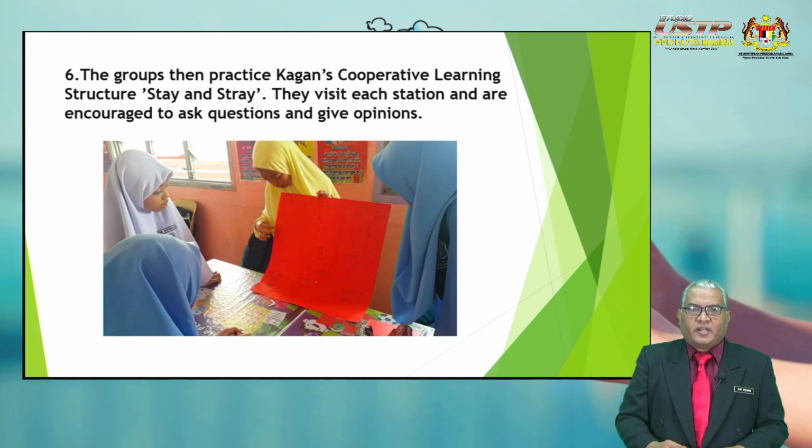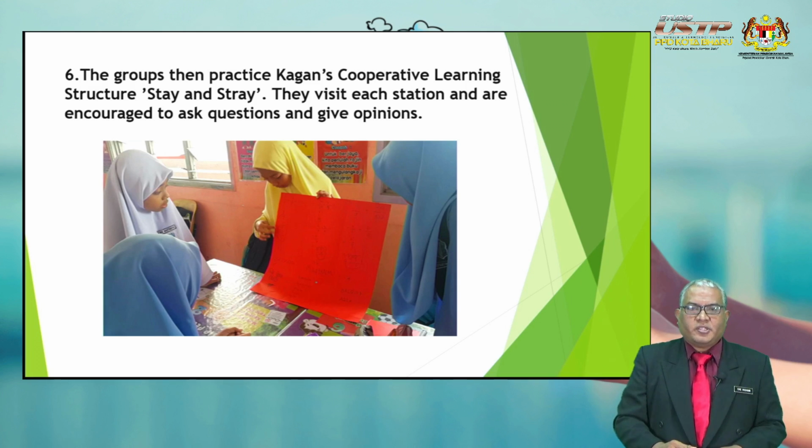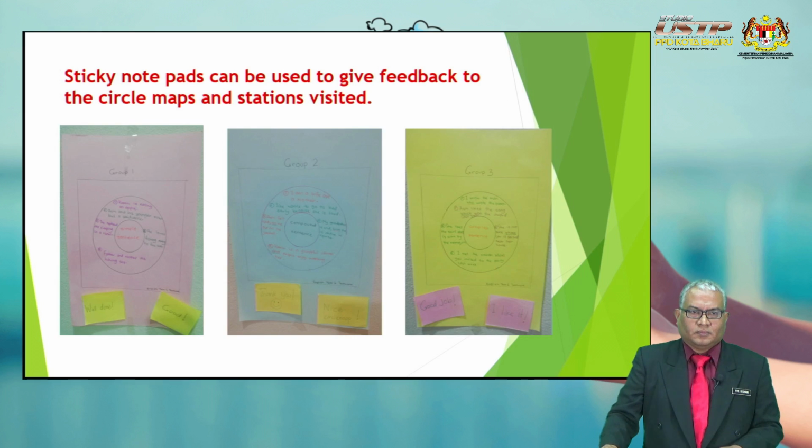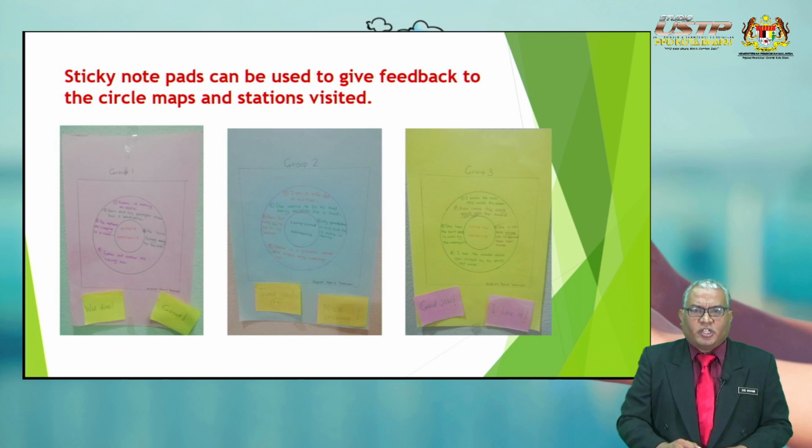The groups then practice Kagan's cooperative learning structure, stay and stray. They visit each station and are encouraged to ask questions and give opinions. Sticky notes can be used to give feedback to the circle maps and stations visited. These are the examples.